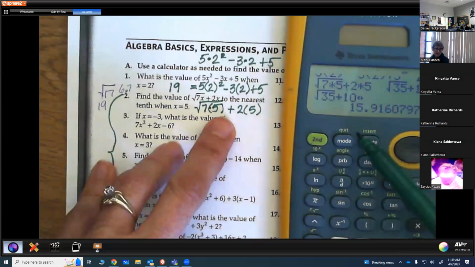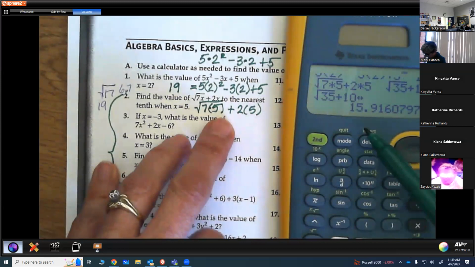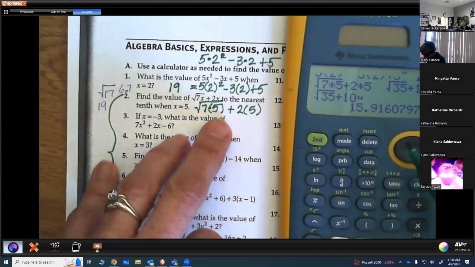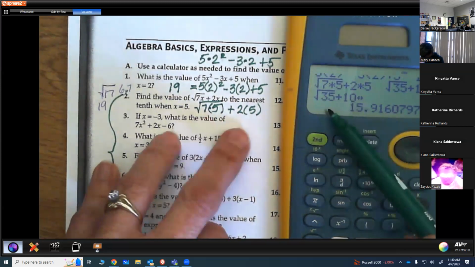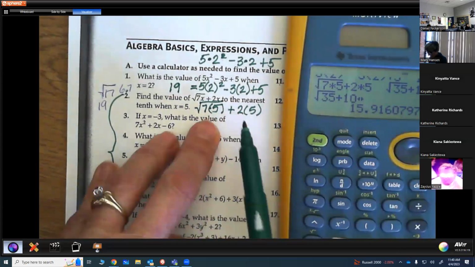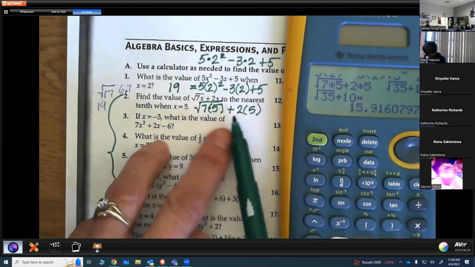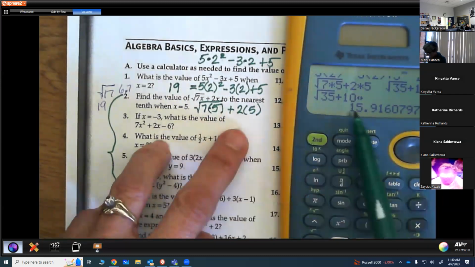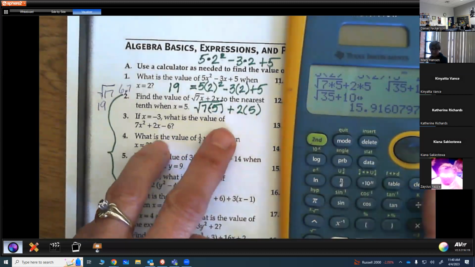And I am getting the answer 15.9. And so I don't agree with any of you. So did I do something wrong? That's 35. If I just think about this by hand, it's the square root of 35 plus 10. And the square root of 35 plus 10 is 15.9.